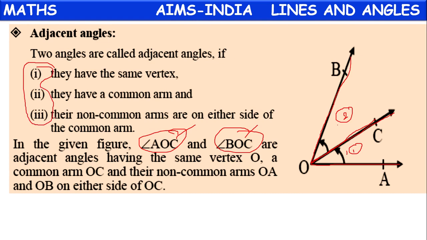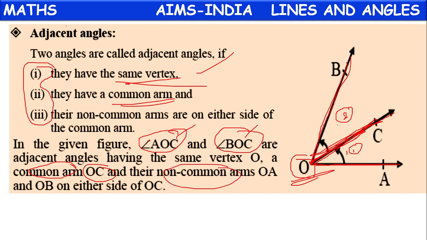If they have them, they are said to be adjacent angles. Whether they have a common vertex? Yes, both of them have the common end point, common vertex O. So the first point is satisfied. Whether they have a common arm? In AOC, OC is there. In BOC, OC is there. So OC is the common arm, the common side.